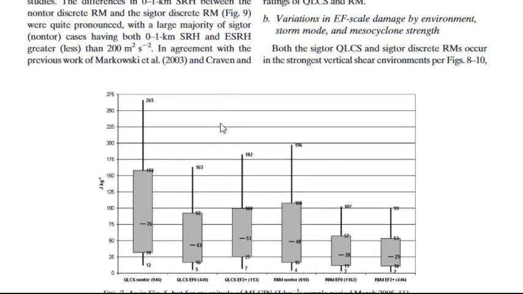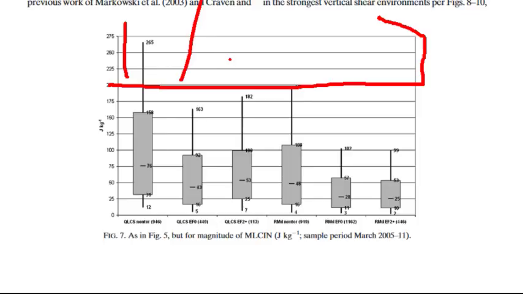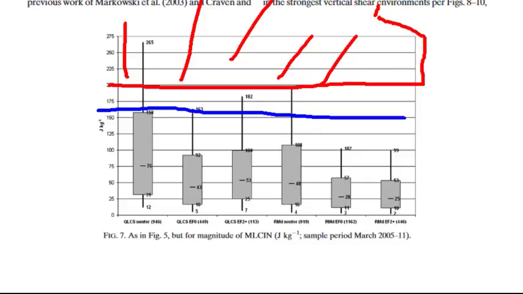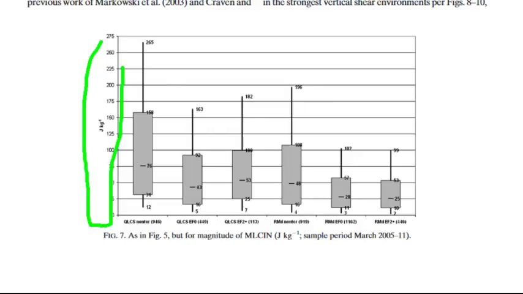If we go to convective inhibition, 200 is going to be about a strong cap. Anything above, up in this area, this is a very strong cap. These here would be moderate capping, and then we would have weak capping down at the bottom right here. So this is a scale here of convective inhibition.